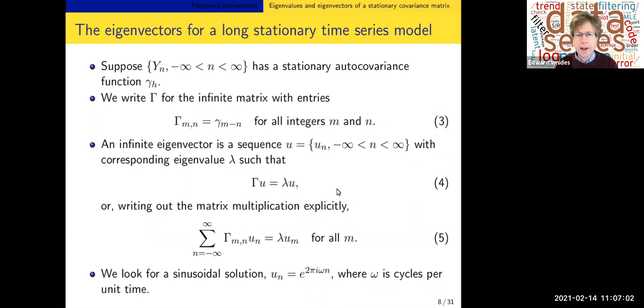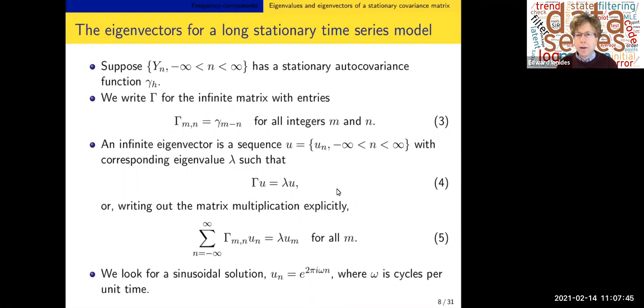Okay, so an infinite eigenvector corresponding to this infinite matrix gamma is going to be a sequence u such that gamma u is lambda u. Or if you write out matrix multiplication explicitly, and again, you don't worry too much about the infinities, then you have the sum over n of gamma mn un is lambda um for all m, and that's what it means for u to be an eigenvector for gamma with eigenvalue lambda.